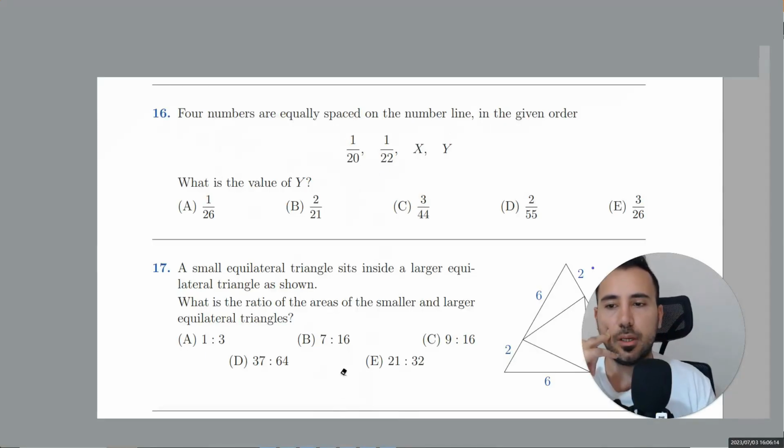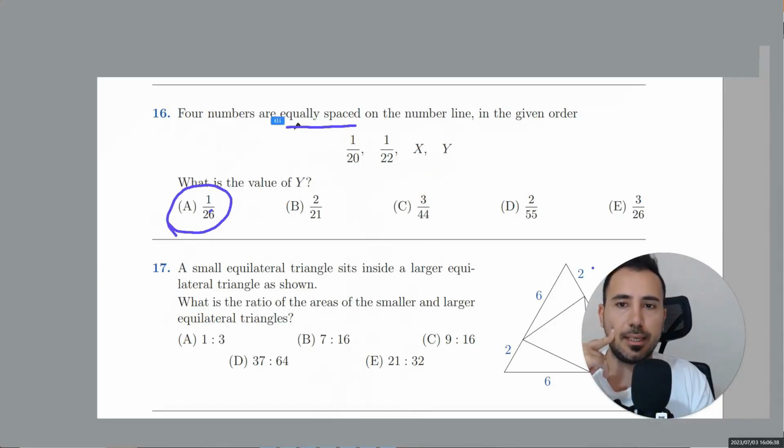Okay, so let's see here. By the way, we know that this number is getting smaller each time, right? A smaller and then a smaller. If you think this would be the answer or you have doubt, that's not right, because here it says it has to be equally spaced.